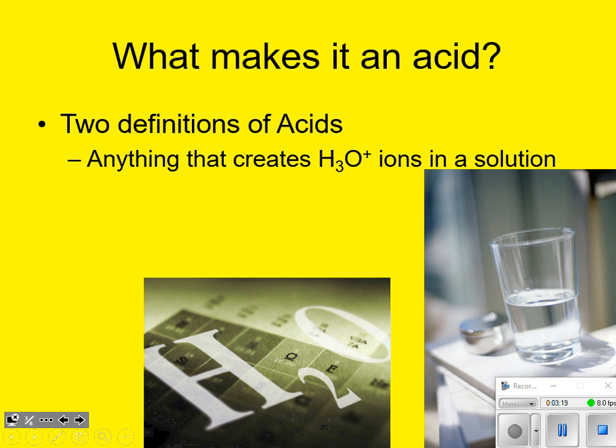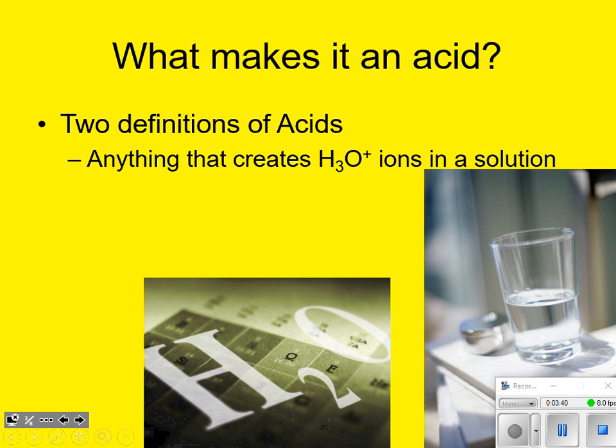Now, there's actually 3 definitions of acids out there because over time our knowledge of the subject increases, so then we're able to get a better and better definition. However, the third definition we do not cover in Chem 1 because it is a little bit more confusing. So we stick with the 2 simplest definitions.